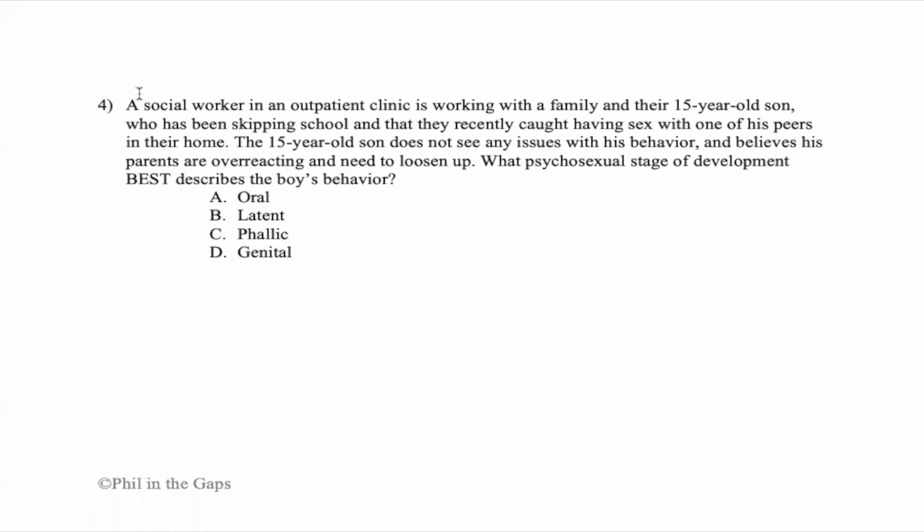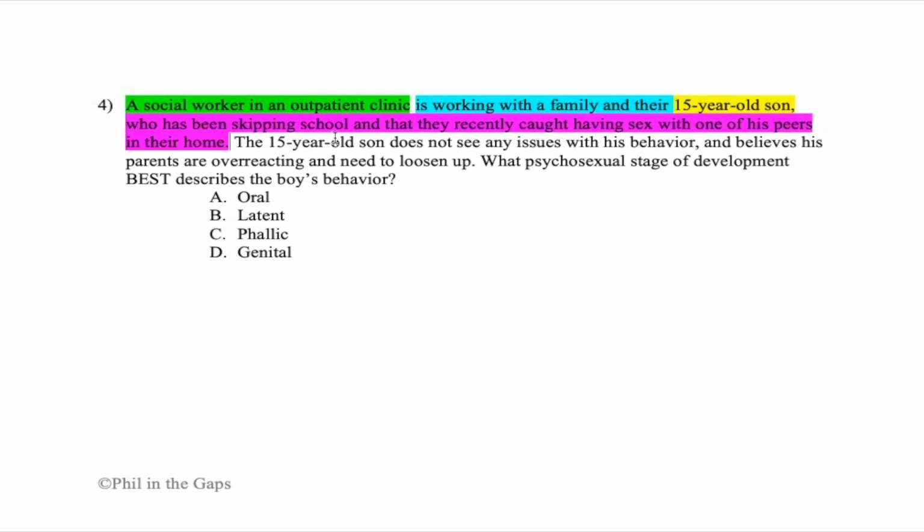Let's look at it. We're a social worker in an outpatient clinic. So that's who we are and where we're at. Working with a 15-year-old son and his family. So that is going to be our client system. The 15-year-old son, so that is going to be our client, who has been skipping school and he's recently caught having sex with one of his peers in the family home.